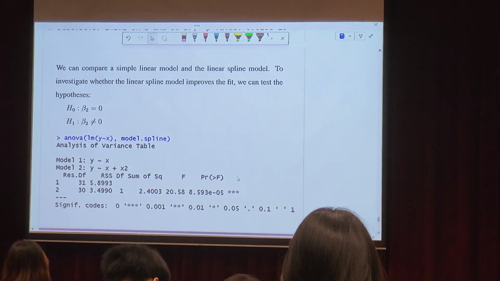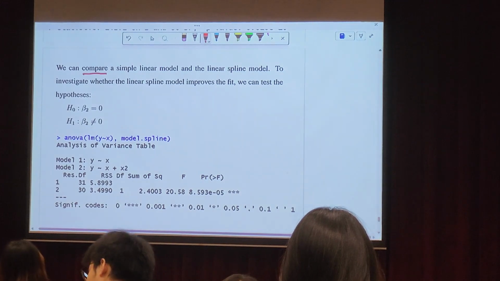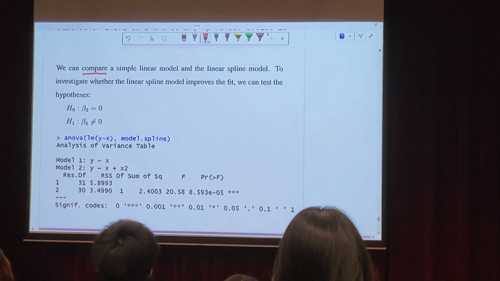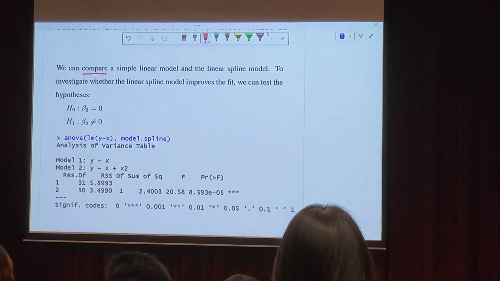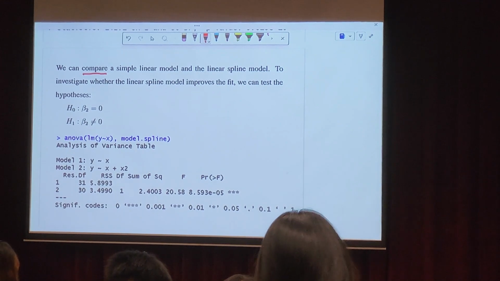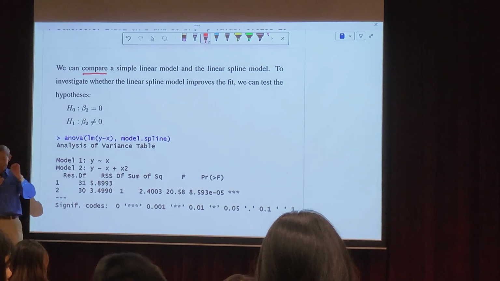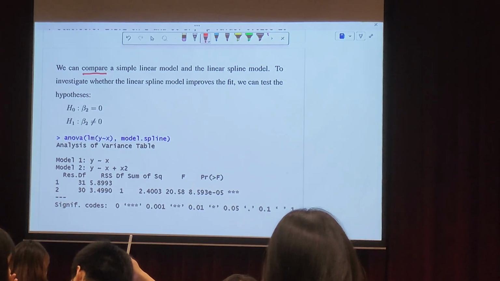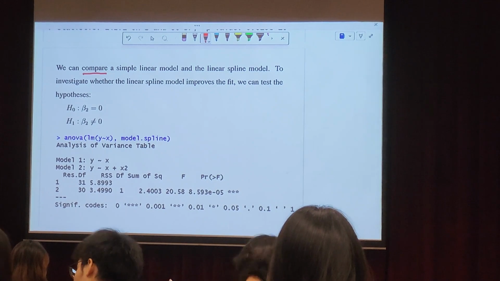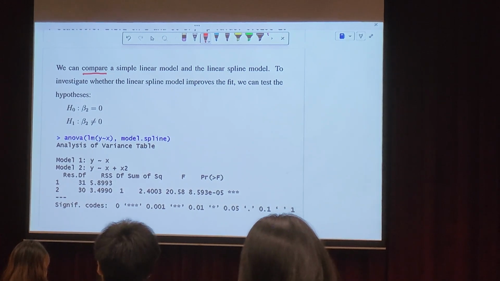And then you can also compare a simple linear straight line model and a linear spline model by comparing the additional term. So this beta 2 defines the spline model. Without beta 2, it's just a straight line model.